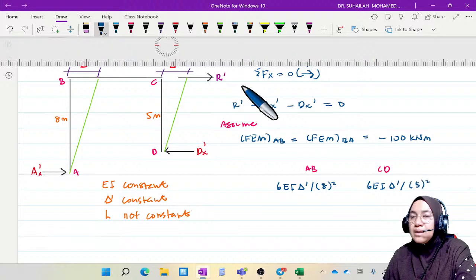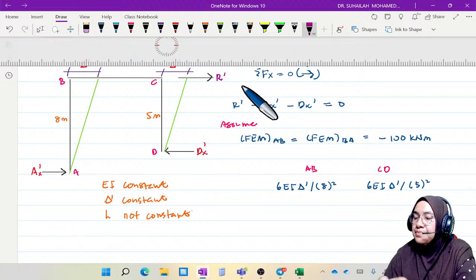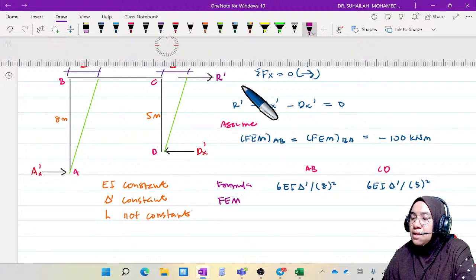That is the formula. Next is the assumption for the FEM: the value that we choose is negative 100.